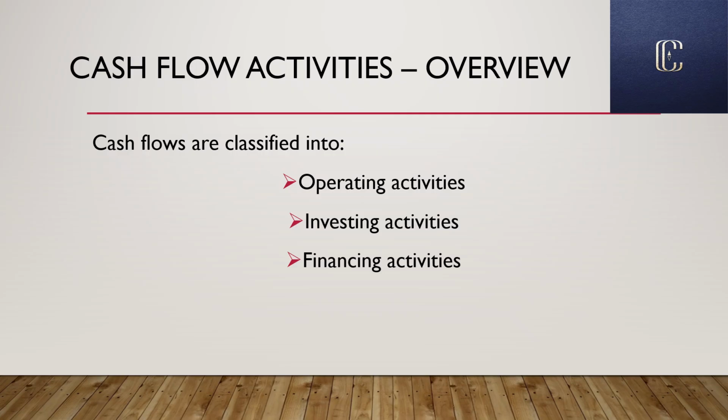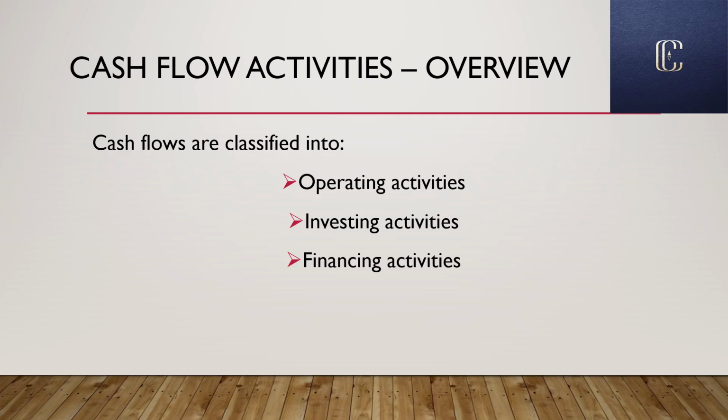Where does a company's cash really move? Daily businesses, buying assets, or taking loans? The answer is inside the three activities of cash flow statement. Today, let us understand the overview clearly.